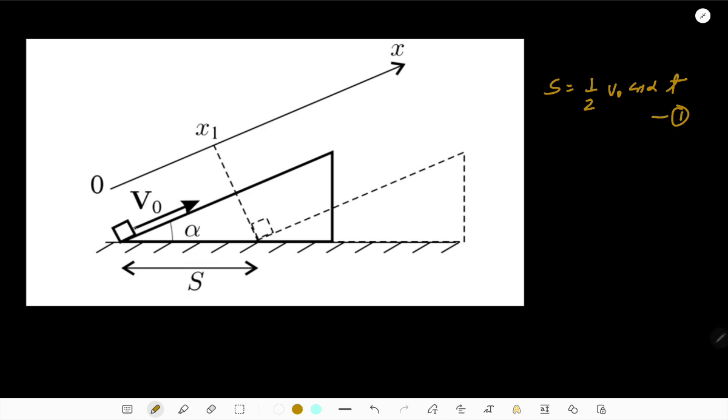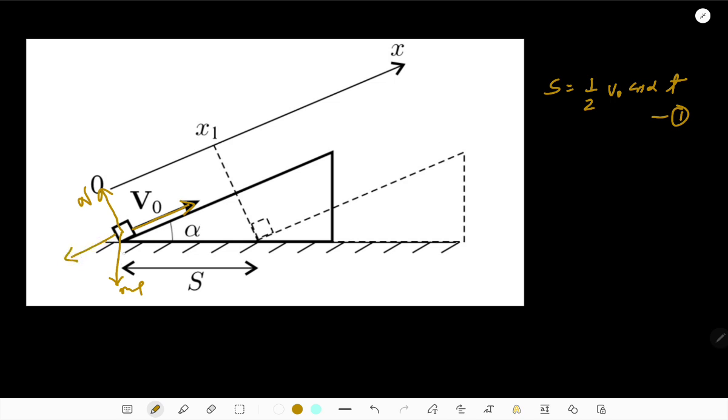Initial velocity was this, and I'm an observer at the ground, so I can see here the forces acting on it. This is normal and this is the weight at this moment, and I'm thinking of the initial moment.